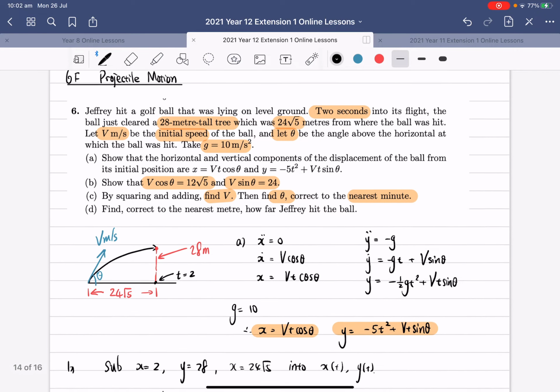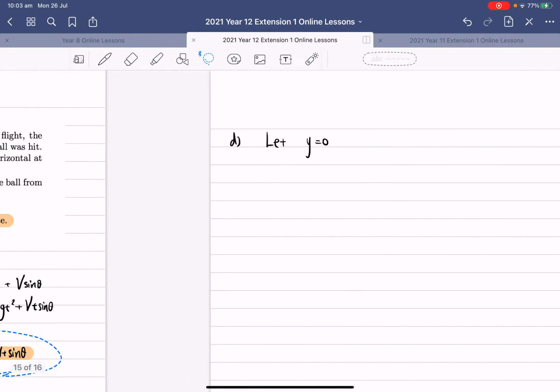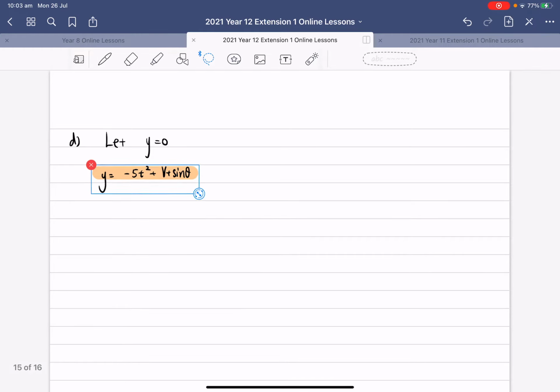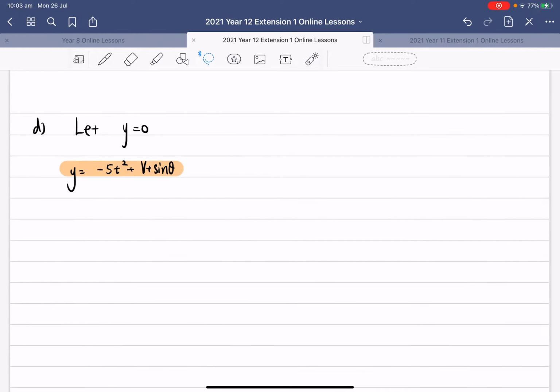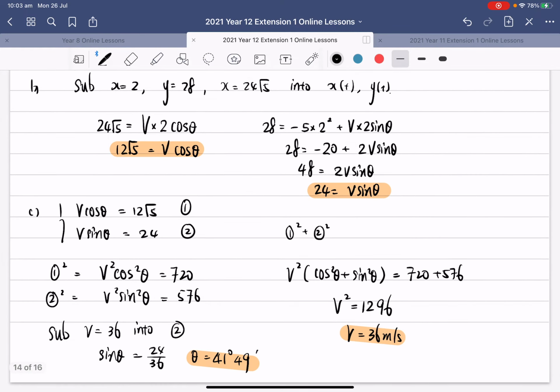So we do have the y equation, which is this equation here, and let's just copy this equation to the point here. We're just letting y equal to 0. So we get negative 5t squared plus v. Now, do we know what v is? Yes, we do. We know what v sine theta is. V sine theta is equal to 24.